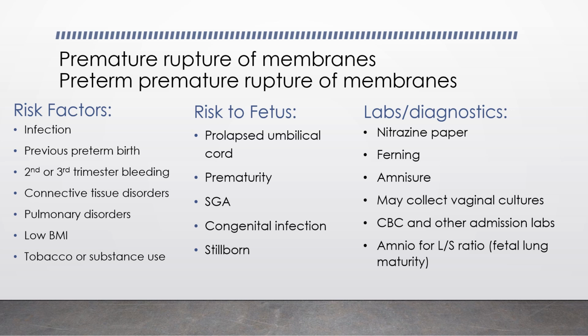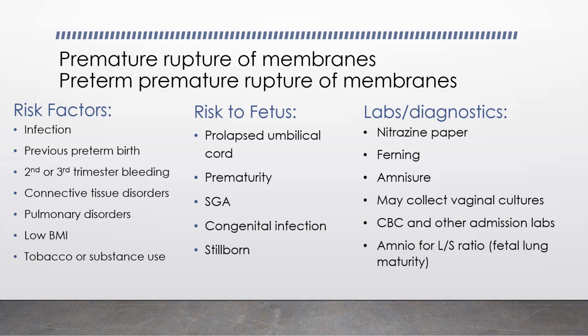The next thing we'll talk about is premature rupture of membranes or preterm premature rupture of membranes, and you can throw in another P that would be preterm premature prolonged rupture of membranes. You'll probably hear some of them, all of them on the clinical unit. Your risk factors again are on the left-hand side of the screen.